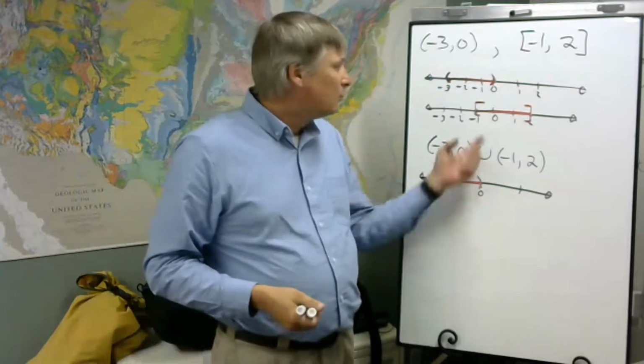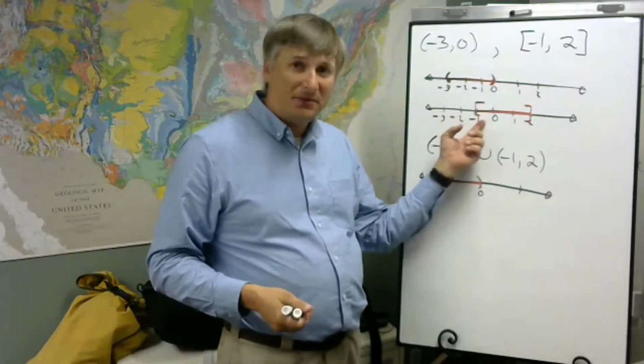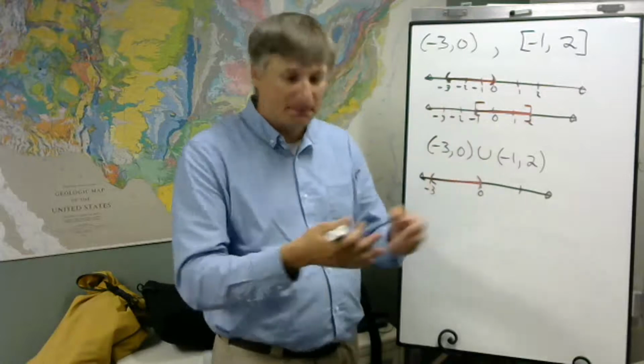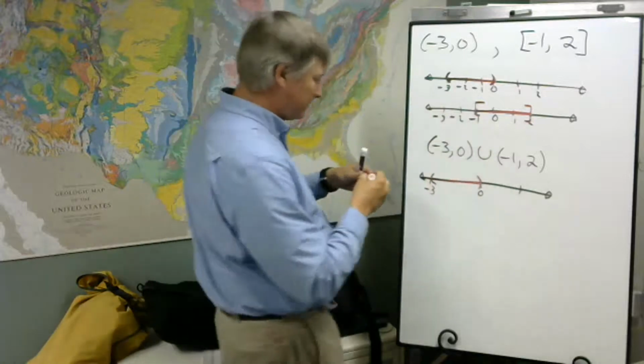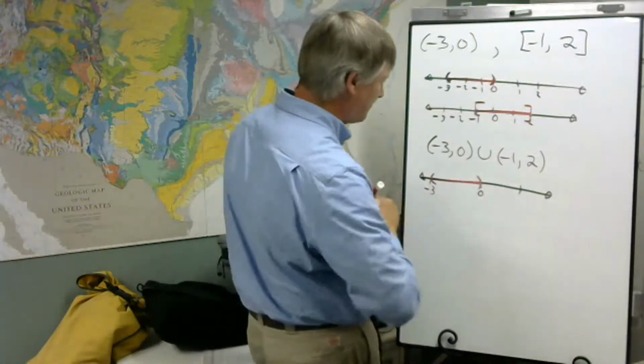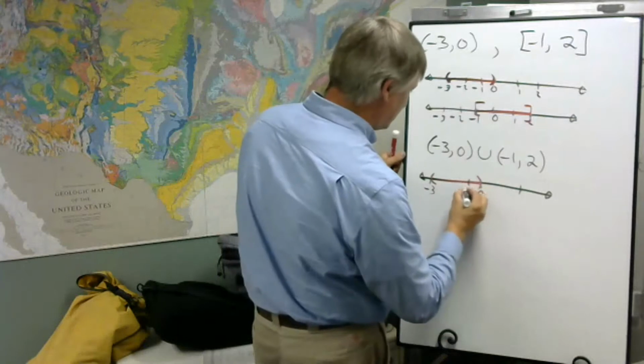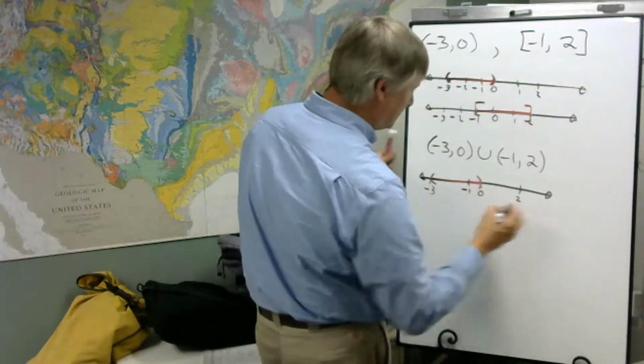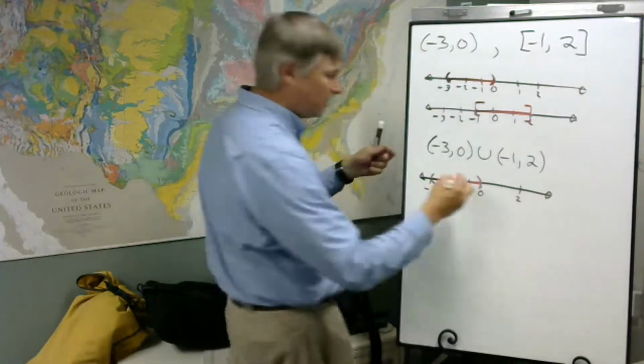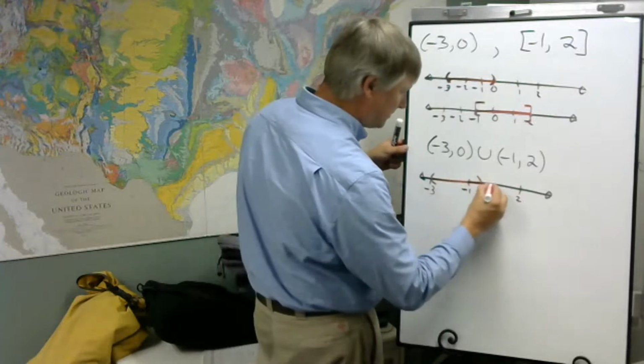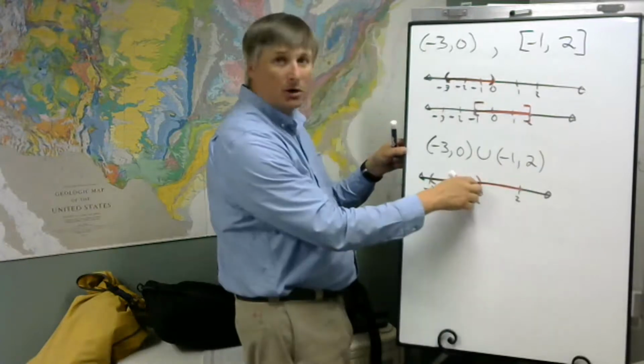But then, when we take the numbers from this set, or this interval, and dump them in, we're going to get all the numbers from -1 to 2. So we're going to get all of these. Now notice, we also get 0.